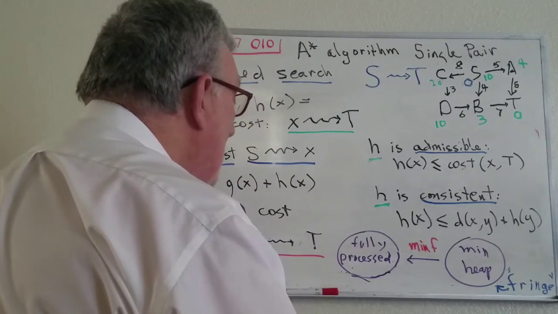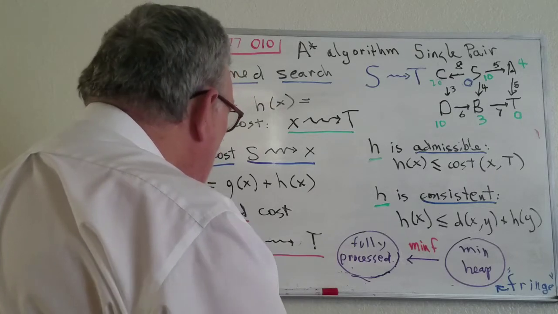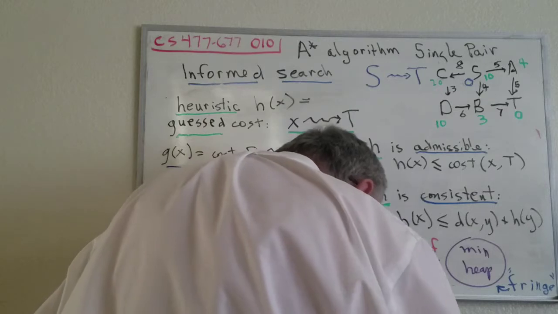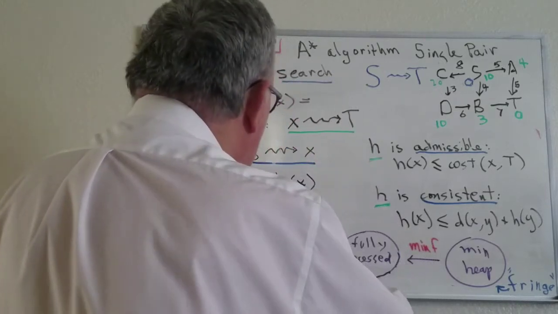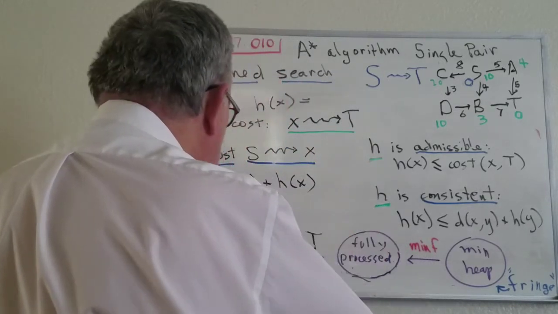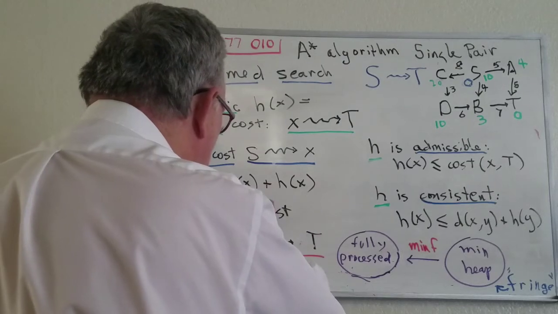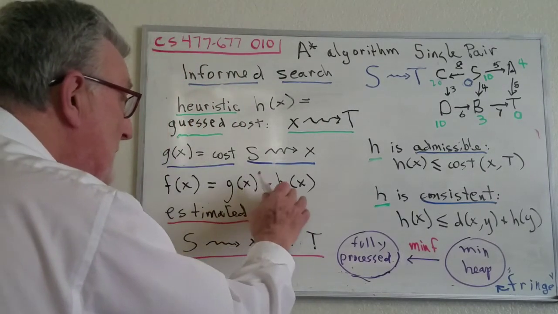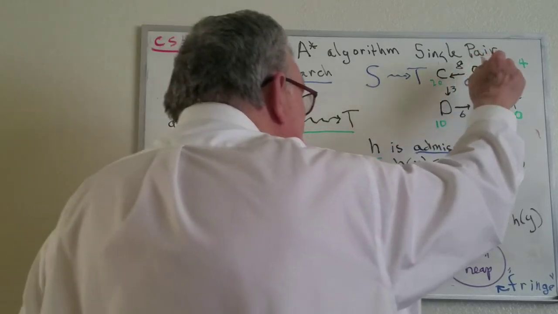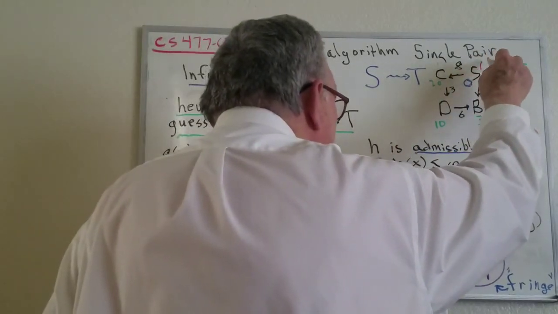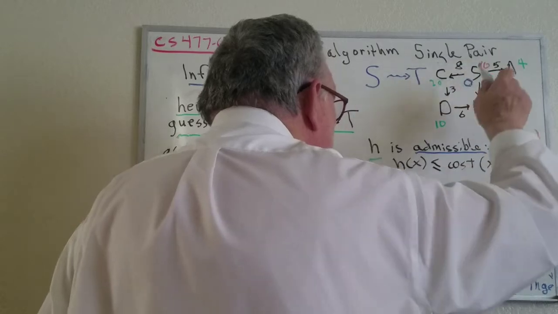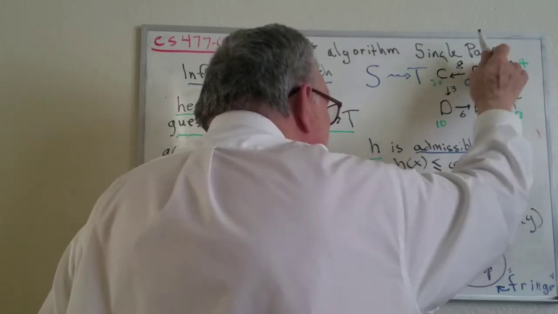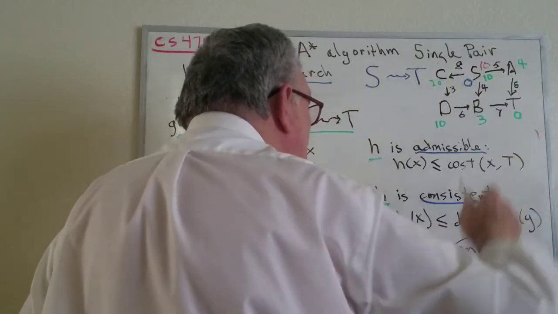Now, for every node where we compute the cost, which is what we call g, we then can compute the estimate, which is defined to be f, which is g of x plus h of x. So in this case, the estimate at s is 10. The red number is the sum of the blue number and the green number here, using my colors.